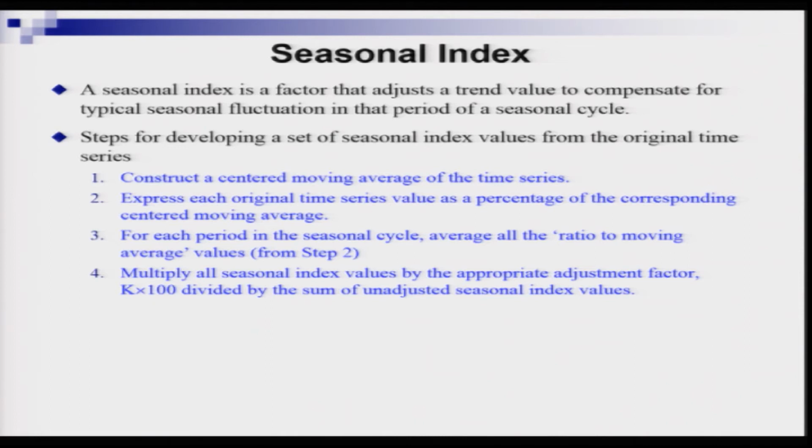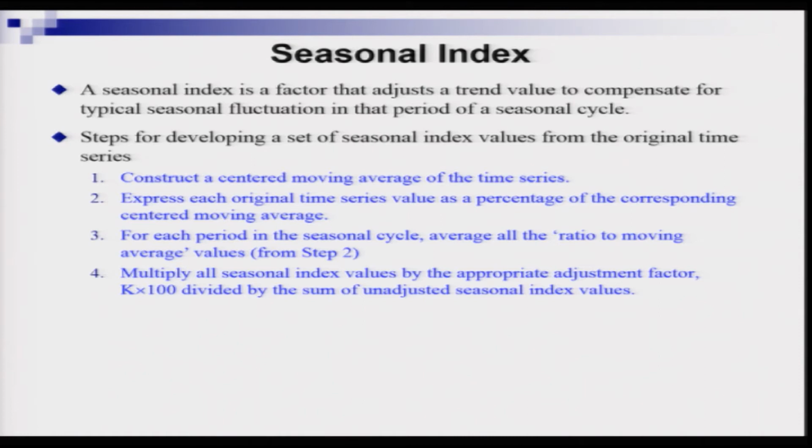Then in step 2 you express each original time series value as a percentage of the corresponding centered moving average value, and in step 3 for each period in the seasonal cycle you average all the ratio to moving average values, which come from step 2. And then finally in step 4 you have to multiply all seasonal index values by the appropriate adjustment factor, k times 100 divided by the sum of the unadjusted seasonal index values.